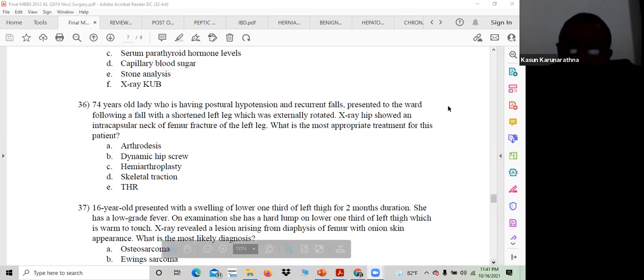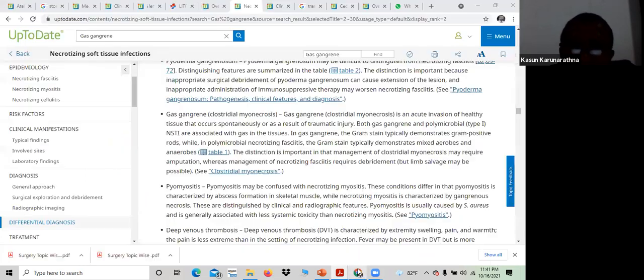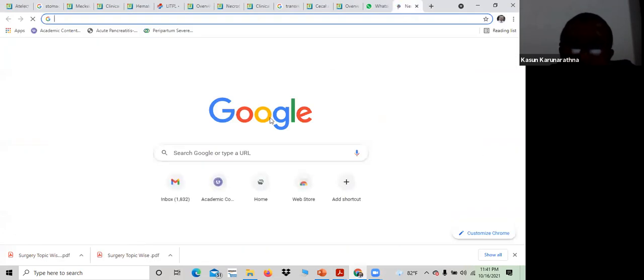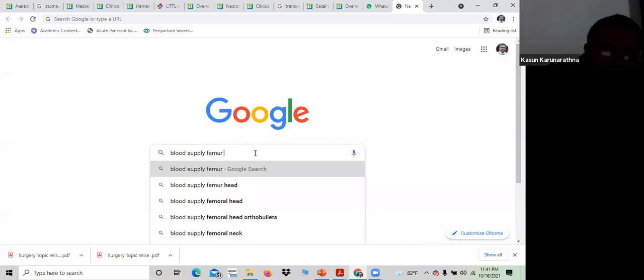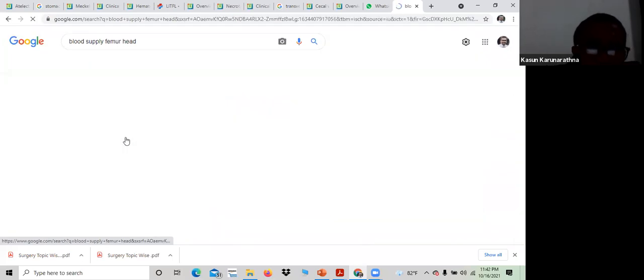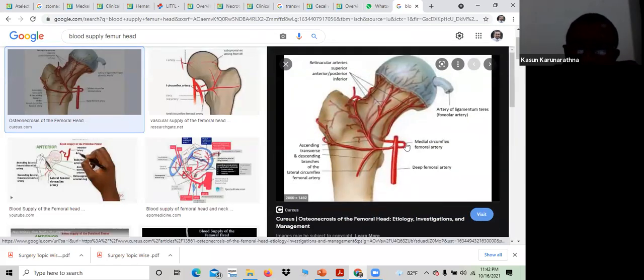That's it. Do you know the blood supply of the femur head? You get the medial and lateral circumflex arteries, and you have branches running along the capsule of the hip joint, right?